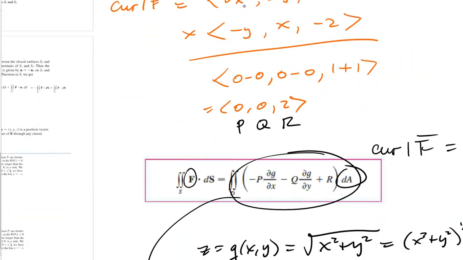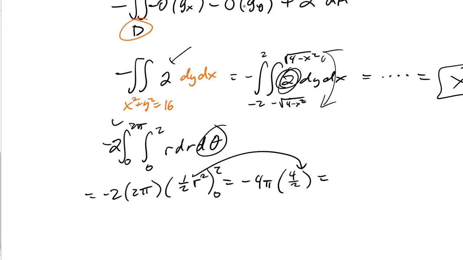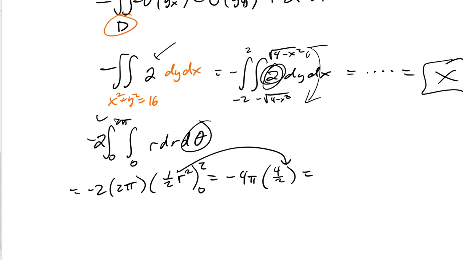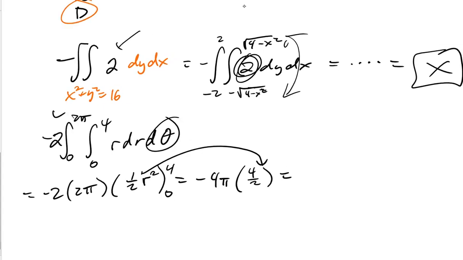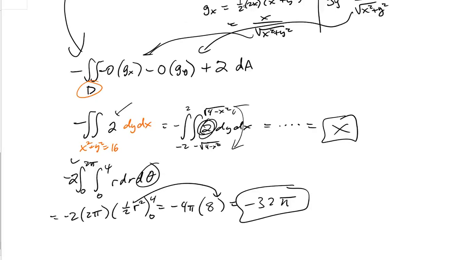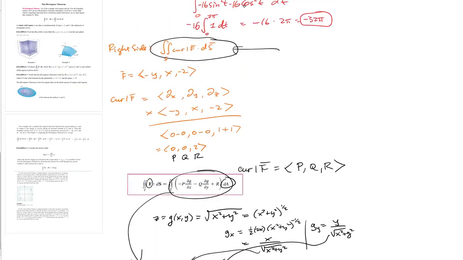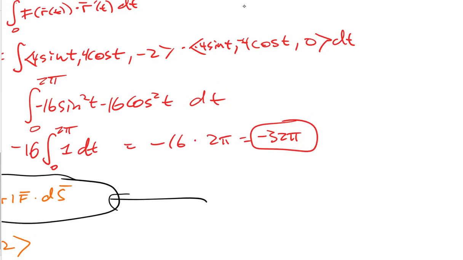Minus 5 for Zuka. That's 16. This is now a 4. And now this is 4. And now that's 16 over 2, which is 8. And now this is negative 32 pi, which is the same exact answer as we got previously, this way.